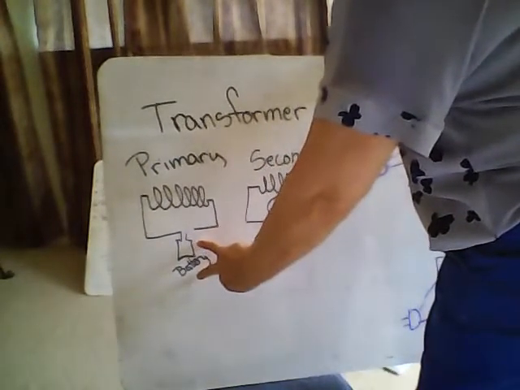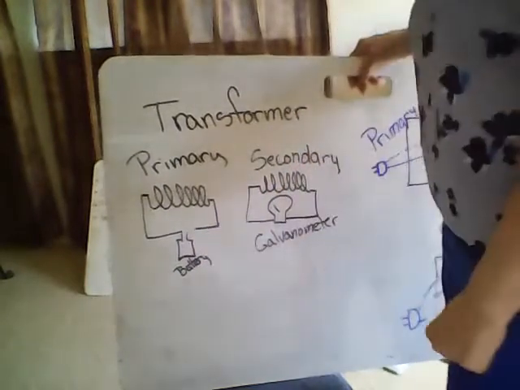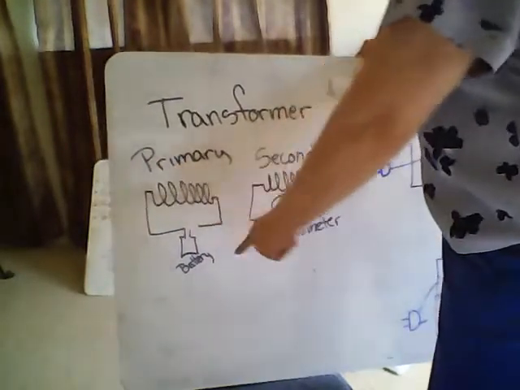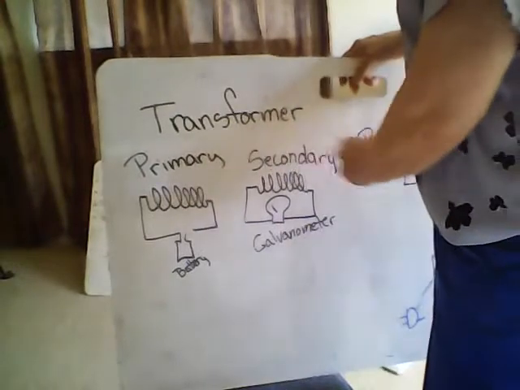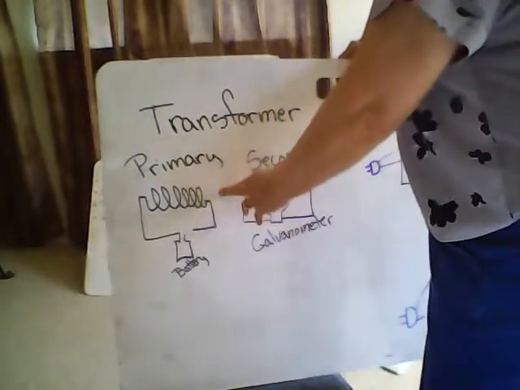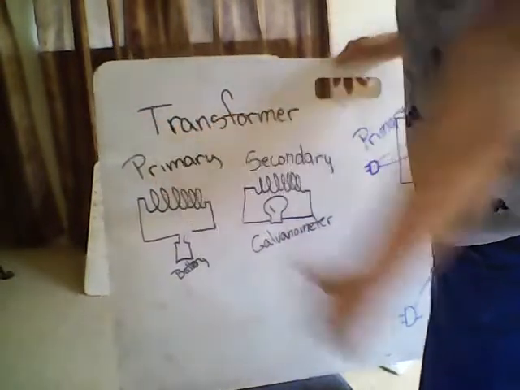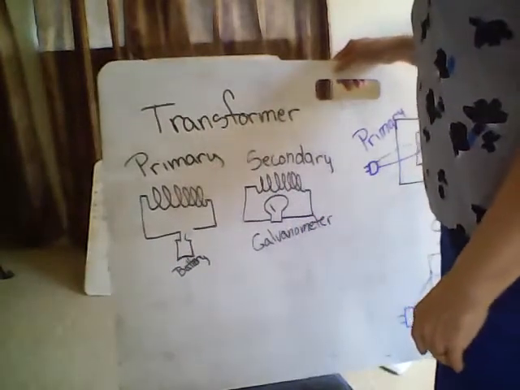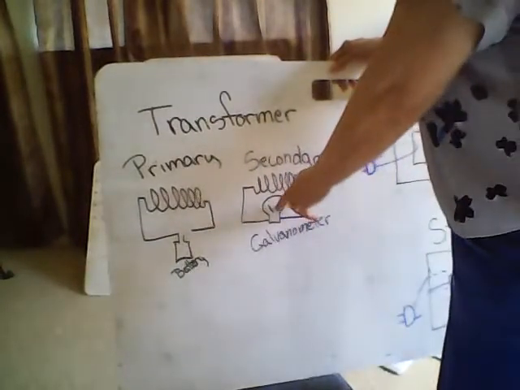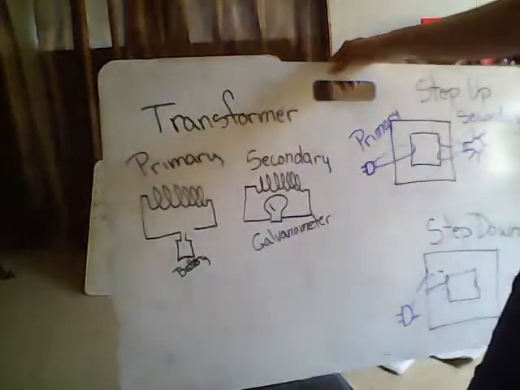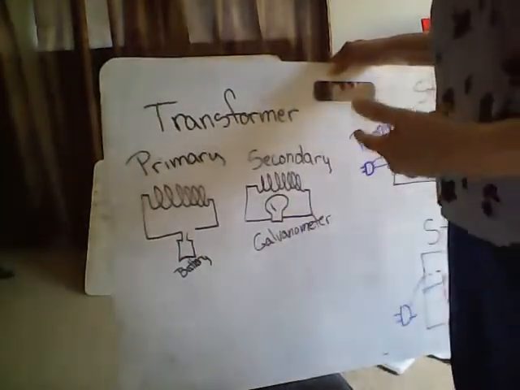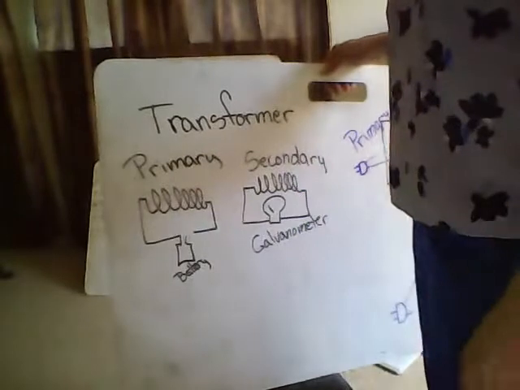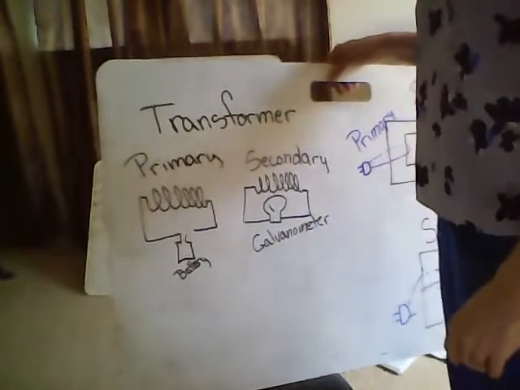That's your voltage source. So you're attached to a voltage source. Now we have a secondary coil. That is not connected to the primary coil of wires. This is connected to a galvanometer, so that can measure your voltage. It's much more sensitive than a voltmeter.